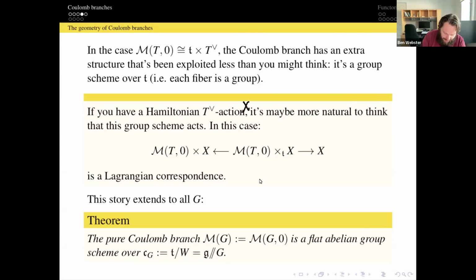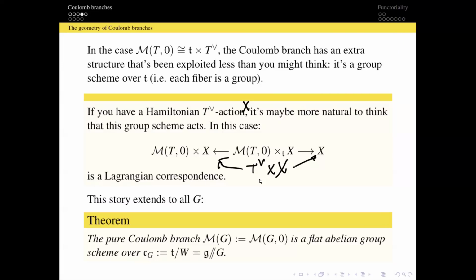I'm being a little bit silly here, right? This is T check times X. So I have an action map going to X, and I have an inclusion map going into this product. And the Hamiltonianness of the T action is exactly the fact that this guy's Lagrangian.